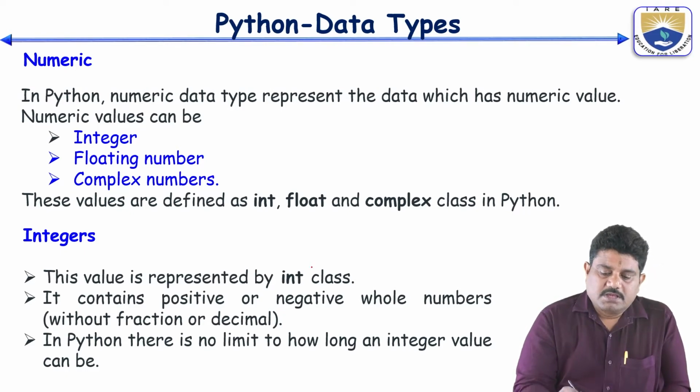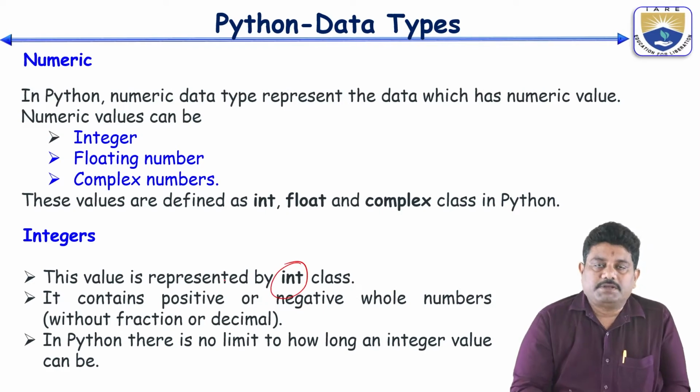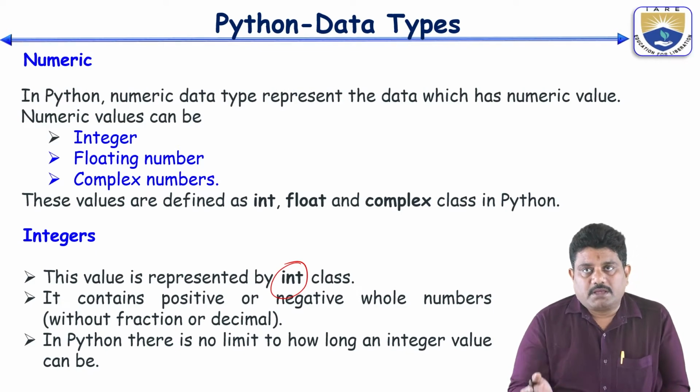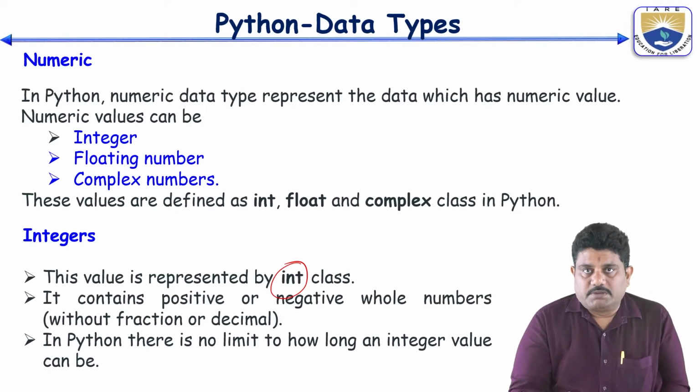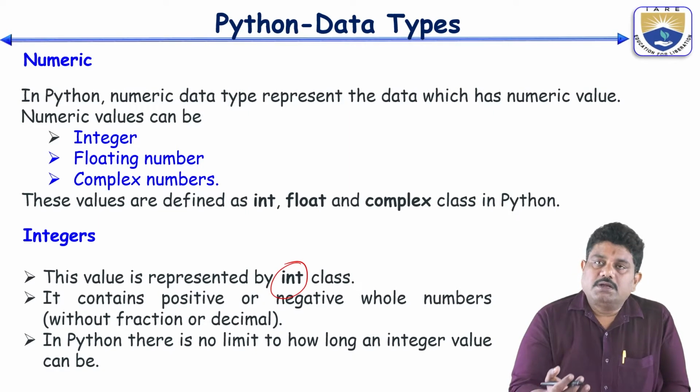Among these, int is a class. So we can create an object for that int. Then that object becomes a variable of int type, and we can store all the integers, positive and negative numbers, in that integer variable.